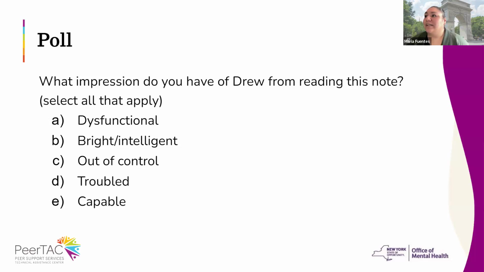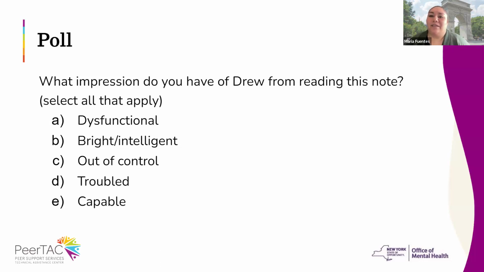So I'm going to end the poll now and share the results. The majority of people saw Drew as trouble, dysfunctional, some out of control and capable, about the same. And very few people saw him as bright and intelligent.